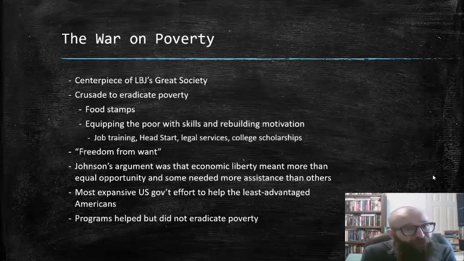This also faced some conservative backlash, as the conservative argument against LBJ's War on Poverty was that such government programs, especially things like food stamps and other direct government assistance, made the poor dependent on the government and actually de-incentivized them from becoming motivated to take care of themselves and gain the skills necessary to acquire jobs that would allow them to move up in the economic and social hierarchy of the country.